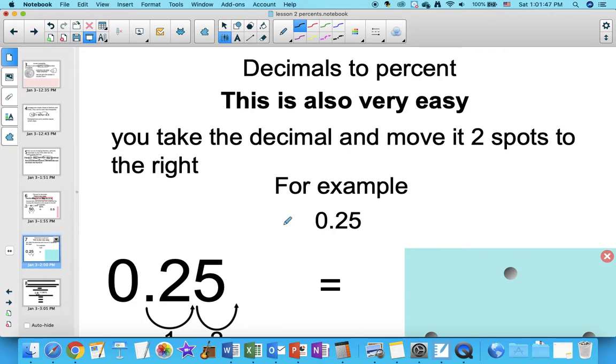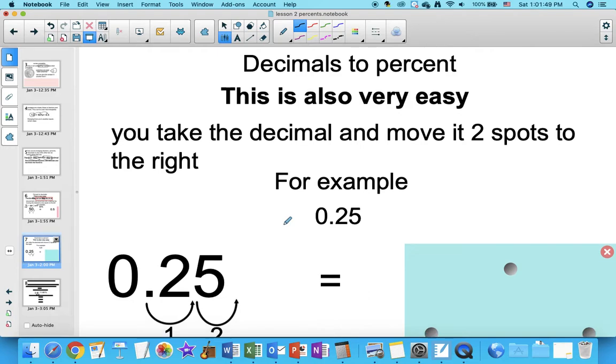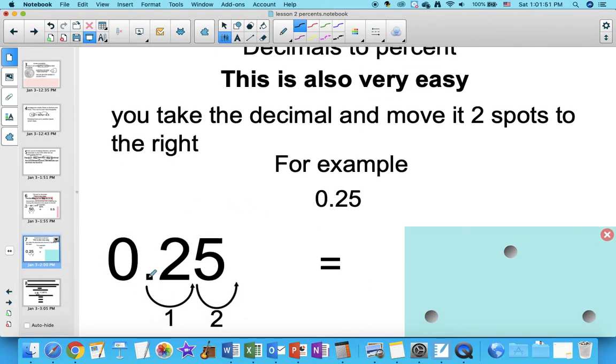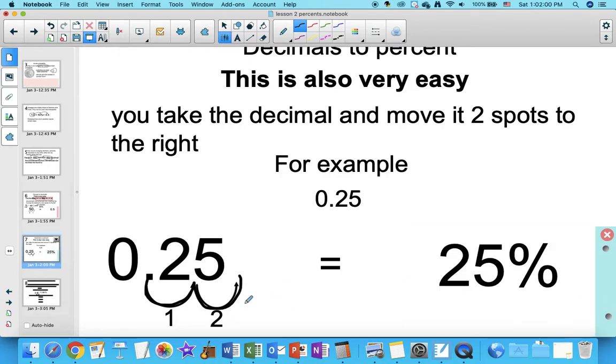For example, we have 0.25, okay? So if I'm turning it into a percent, I take the decimal and I move it 2 spots, which makes it 25%, right? And again, let's go back to our 15% example. We have 0.15, and we're trying to turn it into a percent.